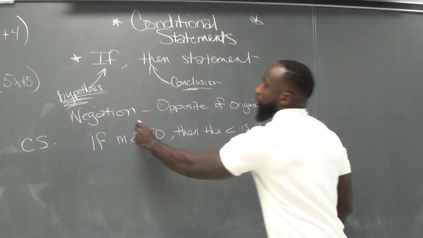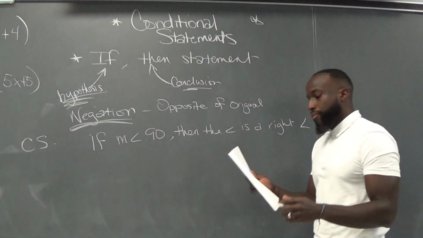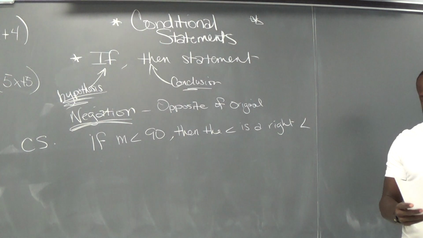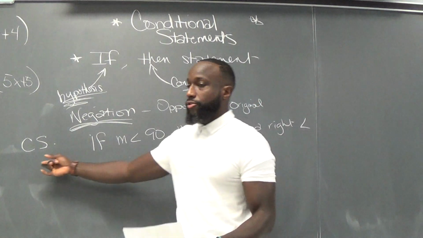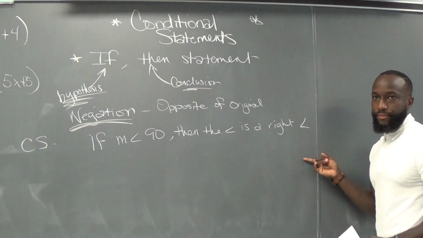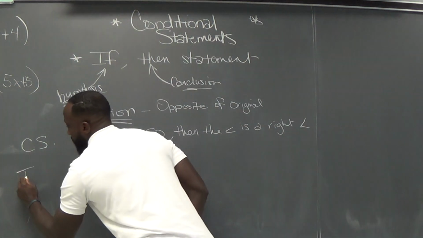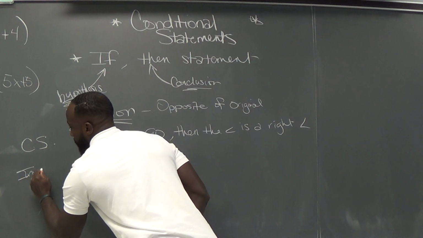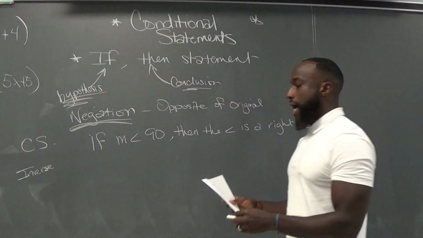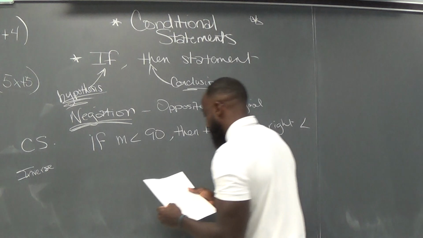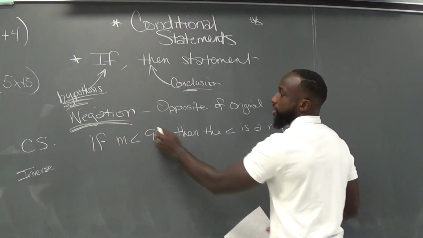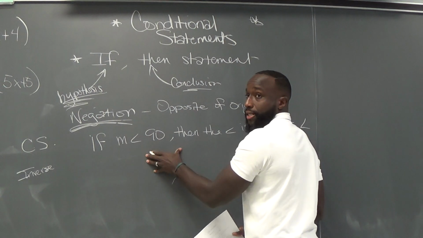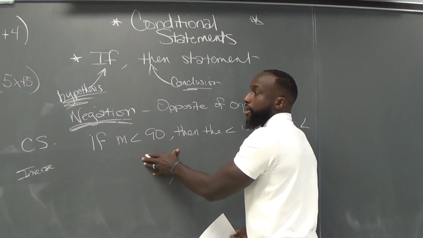To go alongside the negation, we'll go into our next statement, which is the inverse statement. You have the conditional statement, if-then. The inverse is the opposite. It's a statement where both of these are negated. A negation is basically one side being negative or not.